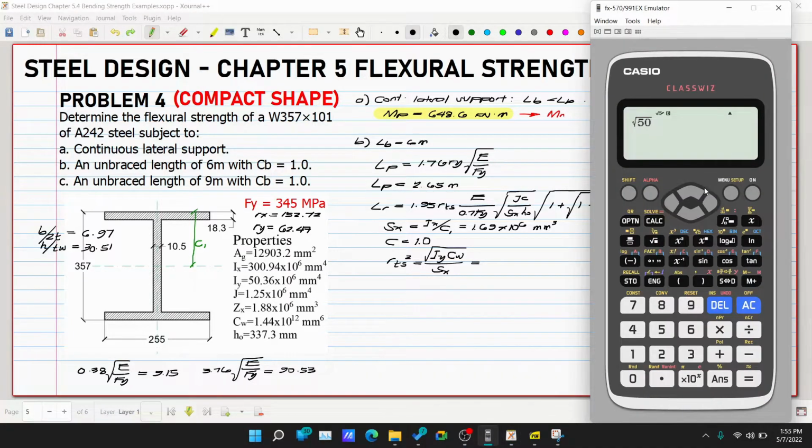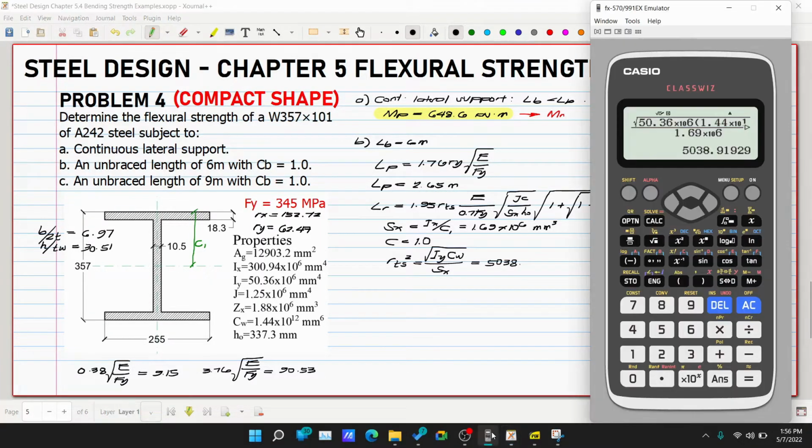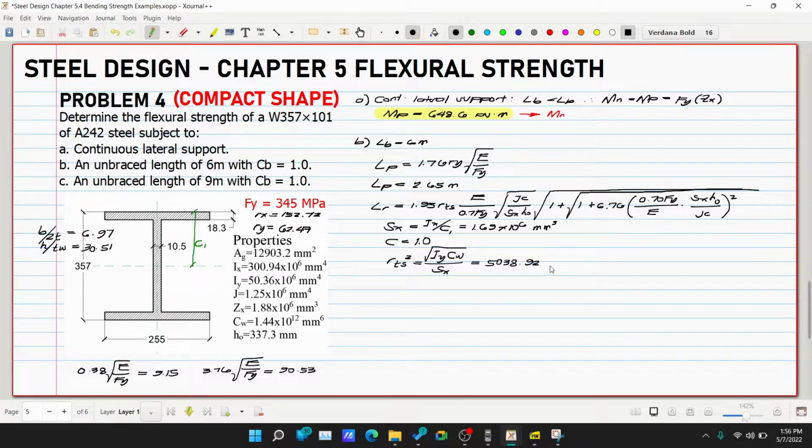Okay. IY 50.36 times 10 raised to 6, multiplied by CW 1.44 times 10 raised to 12 over SX. Ang SX natin is 1.69 times 10 raised to 6. So 5038.92. Okay. This is millimeter squared.